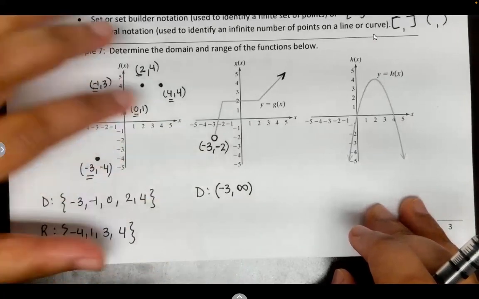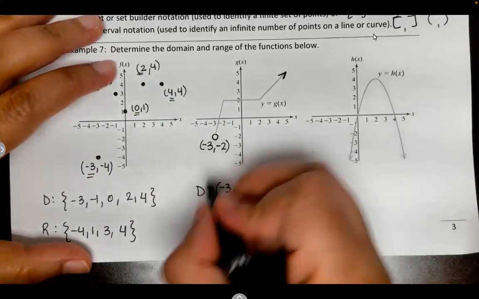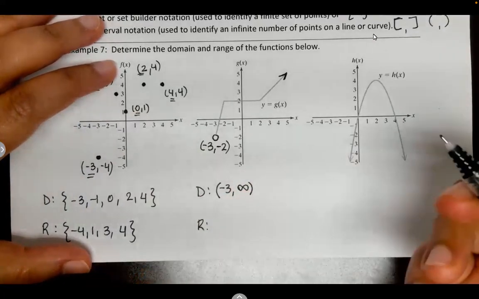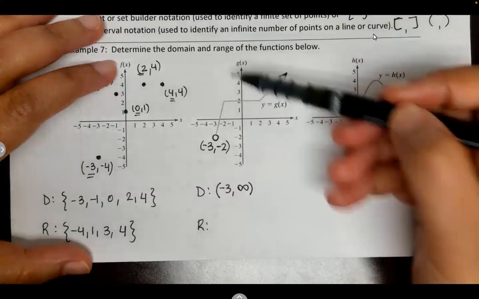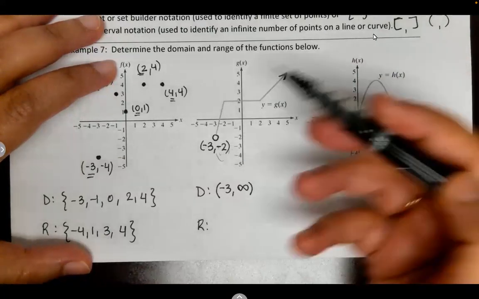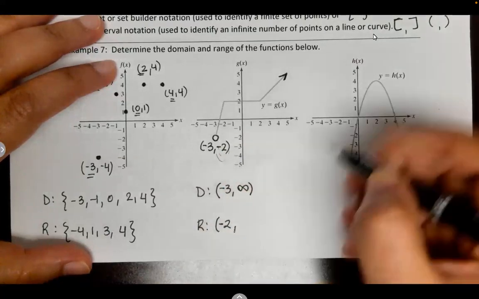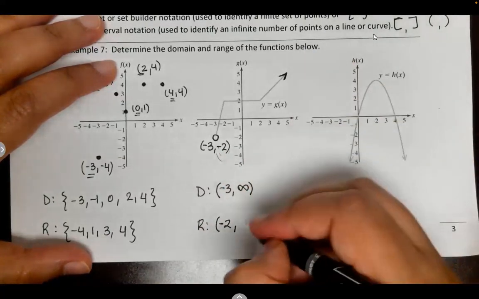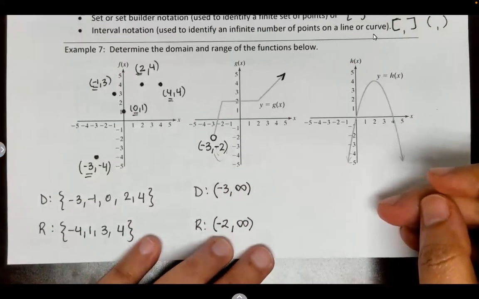So this is your domain. Then the range. Go from down to up to find the range. Y is -2. Again, it is an open circle, so parentheses, and it is going all the way up towards positive infinity in the parentheses.